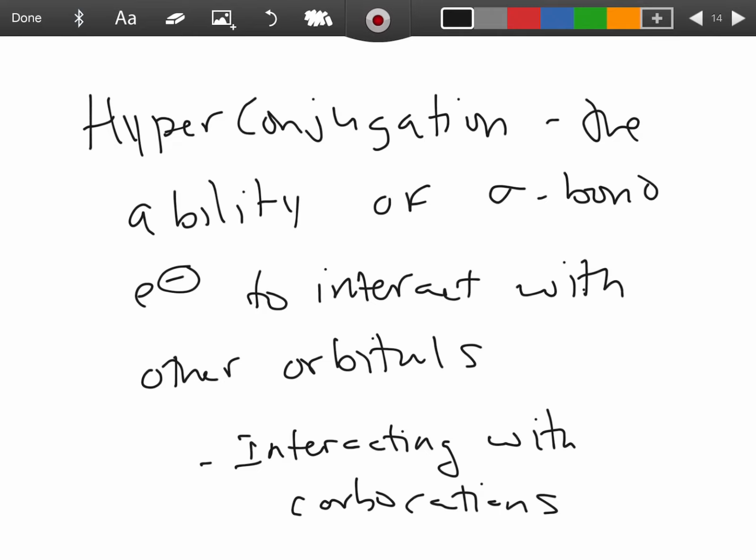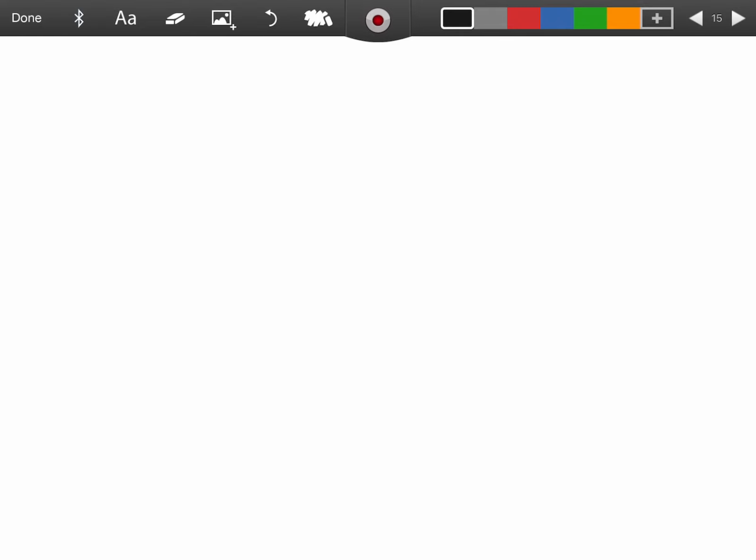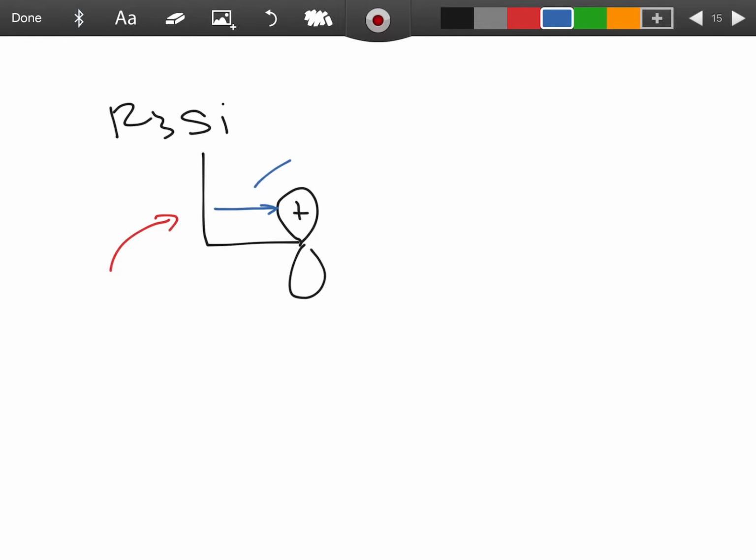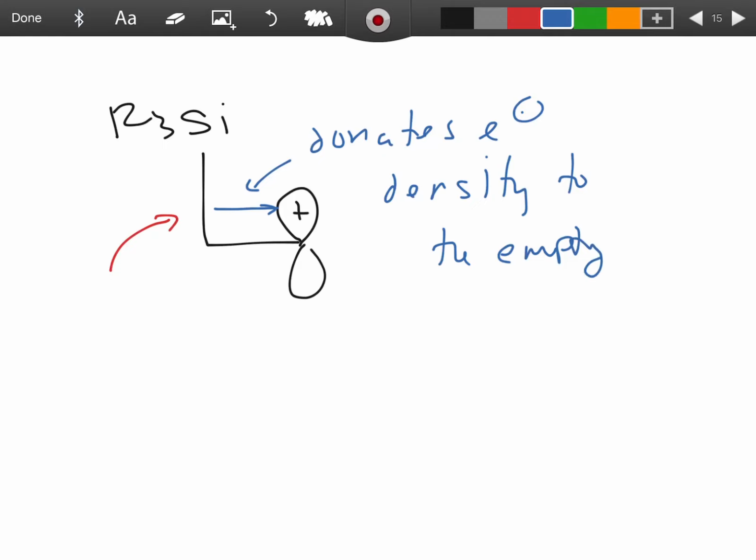So a carbon-silicon bond, this bond right here, is able to donate some electron density, right?